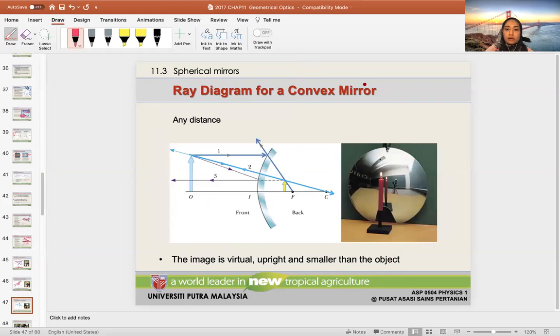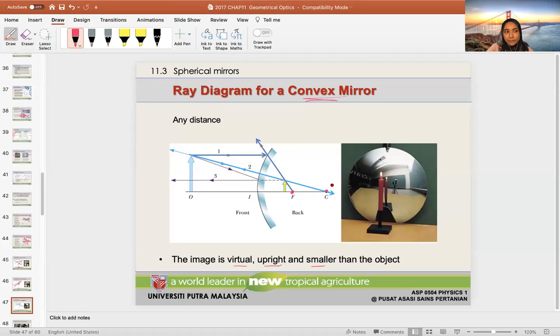Now we are talking about convex mirror. Convex mirror, at any distance, the image will always be virtual, upright, and smaller. This is true for any distance. Okay? And again, remember your convex mirror is a diverging mirror, which means that your focal point is at the back of the mirror and also your center of curvature.